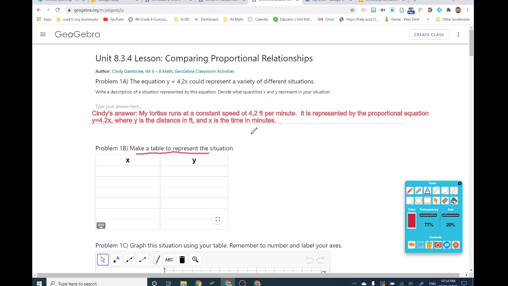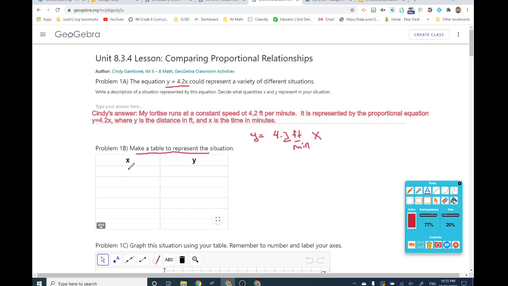Okay, in my turtle situation, remember my turtle moves at a rate of 4.2 feet per minute. I want to write this with units, but my pen tablet's really slow. Okay, and that's times X. So here's my equation, which is not different than their equation. Anyway, we're all using the same equation.